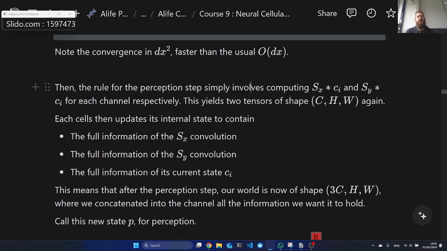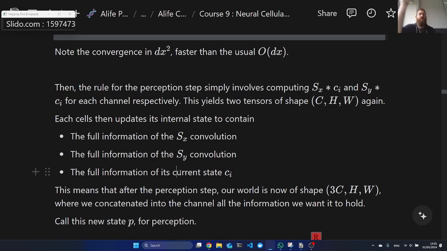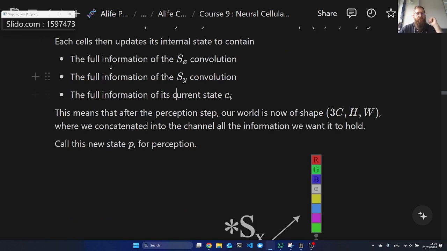So if you have 12 channels, you will get 12 partial derivatives for Sx and 12 partial derivatives for Sy, and we add to this the information of the current state of the cell itself. If we combine these three elements, we get a new description of the world after perception, of shape 3CHW. So now each pixel knows not only its own color, but also the partial derivatives for all the channels. So far, so good.